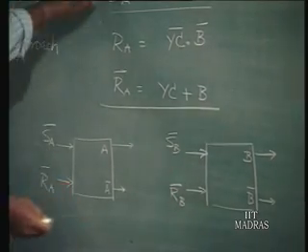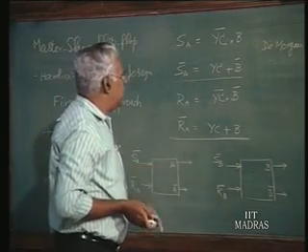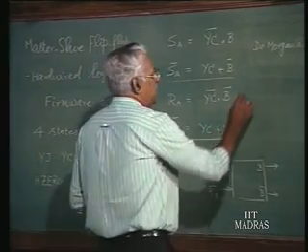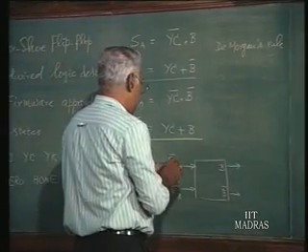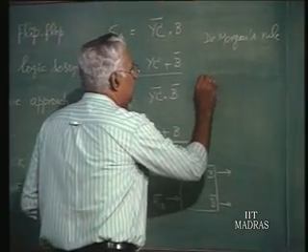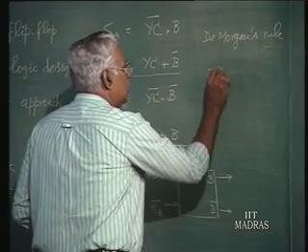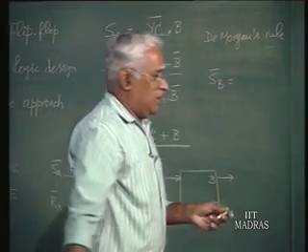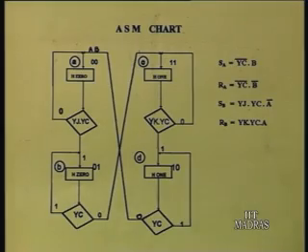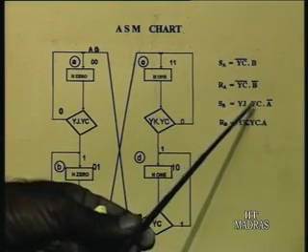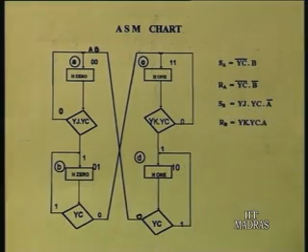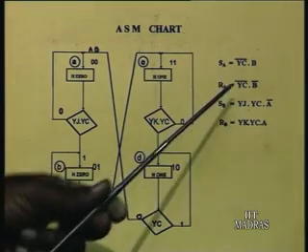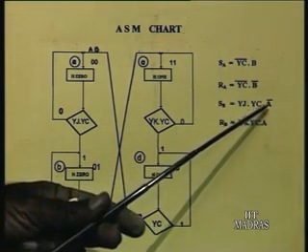Now, let us continue like we did for S A bar and R A bar; we have to do for S B bar and R B bar also. I would straight away work out S B bar after taking a look at the chart. S B is Yj and Yc and A bar.